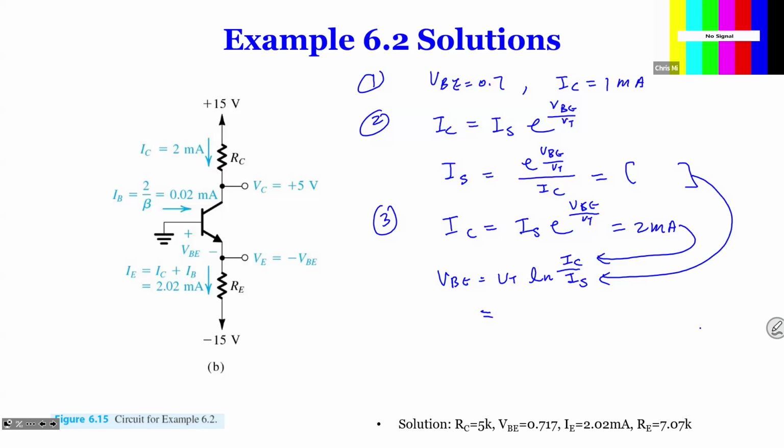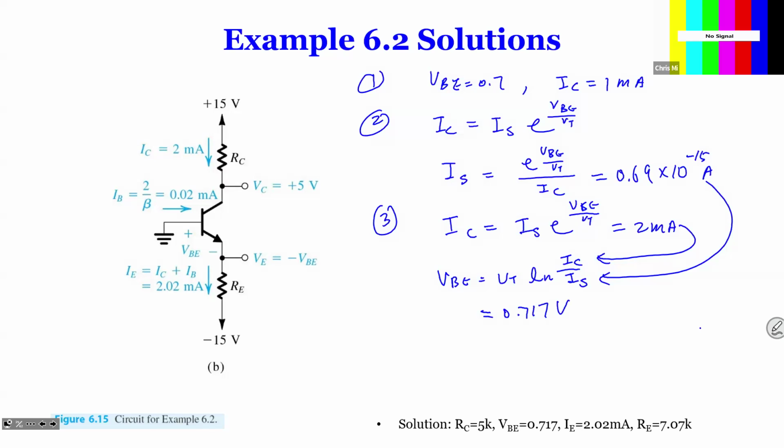So let me see what we got. I found IS to be 0.69 times 10 to the minus 15. So I plug in IS and IC and VT. I found VBE to be 0.17 volts.